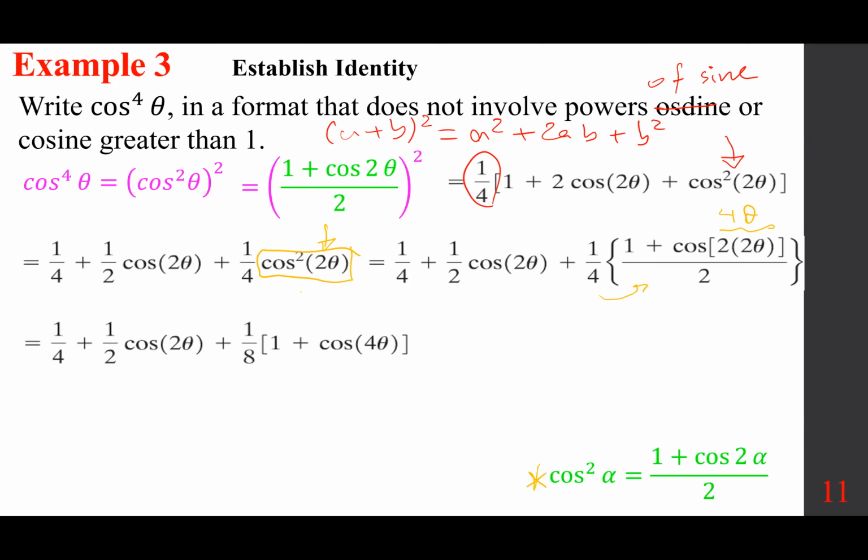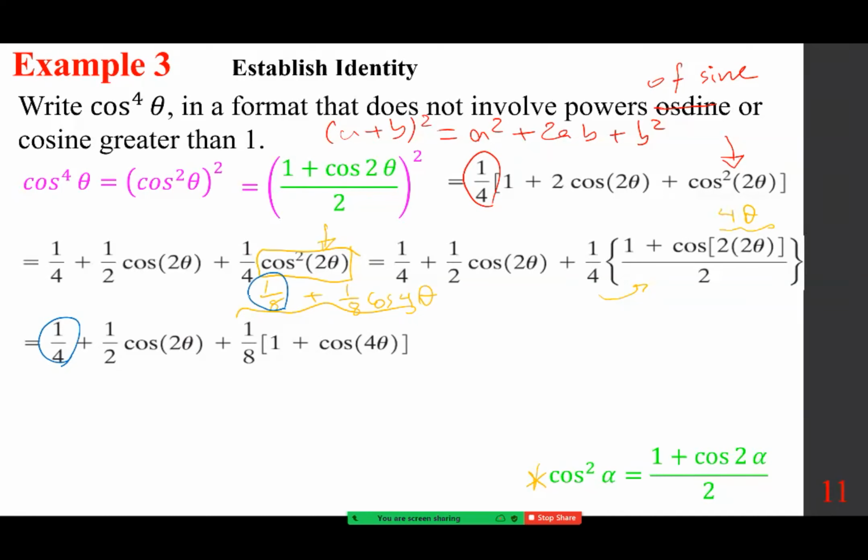So this is 1/8 plus 1/8 cosine 4 theta. We can add these two numbers, 1/4 and 1/8.